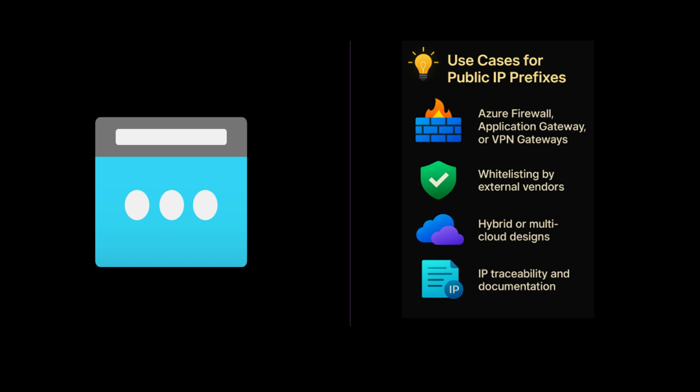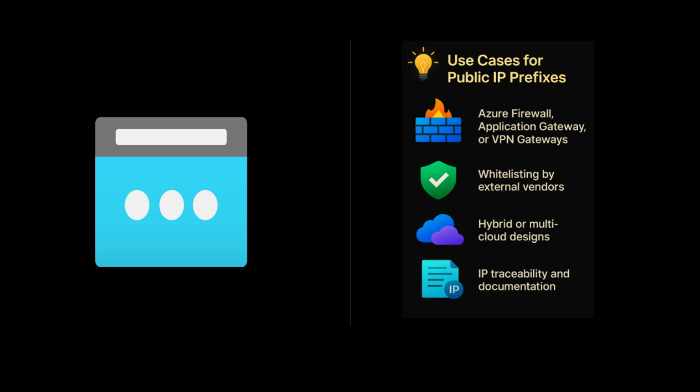If you're working with external vendors who require specific IPs to whitelist, assigning IPs from your prefix gives you full control and reduces communication friction. For hybrid or multi-cloud setups, using your own prefix ensures consistent IP mapping across environments, making integration smoother. And finally, your compliance team will thank you because having a known trackable IP range simplifies documentation, auditing, and traceability across your network.